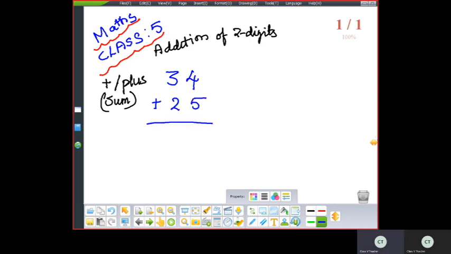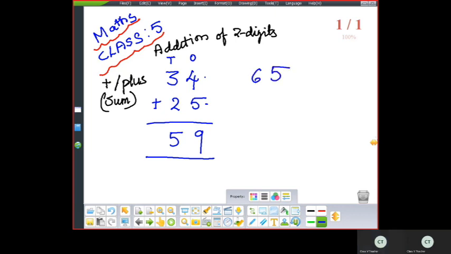So simple digit addition. Just tell me the answer, children. So you can see that ones place on one side, tens place on the 10 side. So 5 plus 4, how much? 9. So this side answer I'll write in the same place. First you will start the addition from the ones side. So 3 plus 2, 5. So how much did I get? 59.